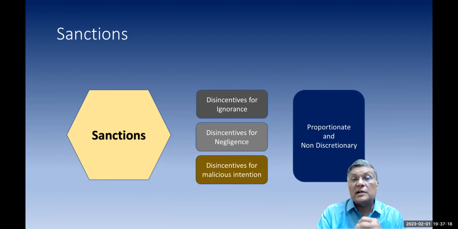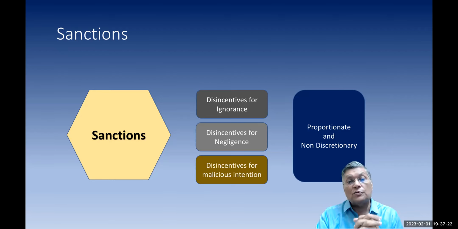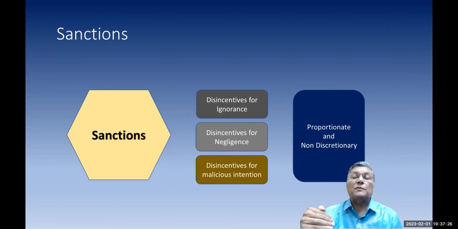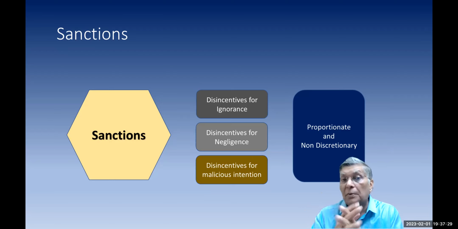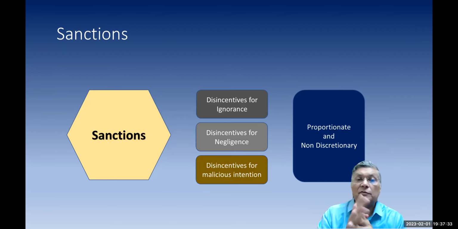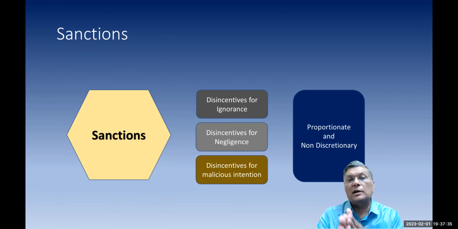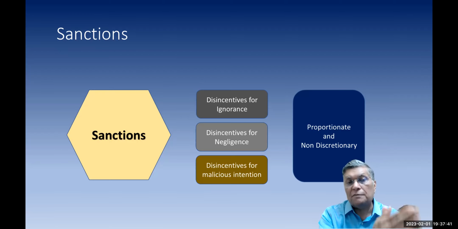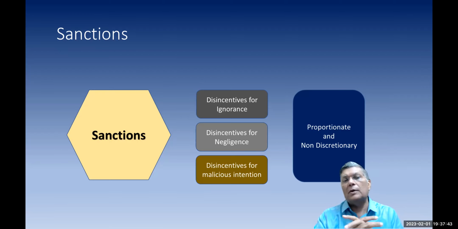There could be disincentives for negligence, and there would be disincentives for malicious intention. There has to be a graded structure of punishments. In fact, in HIPAA, whenever I try to redesign the policy, I always try to link this disincentive to the sequence of the penalties which they have mentioned.